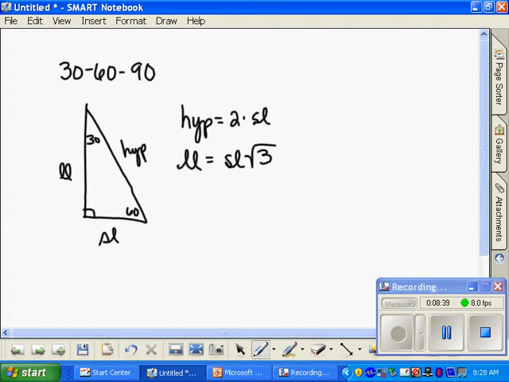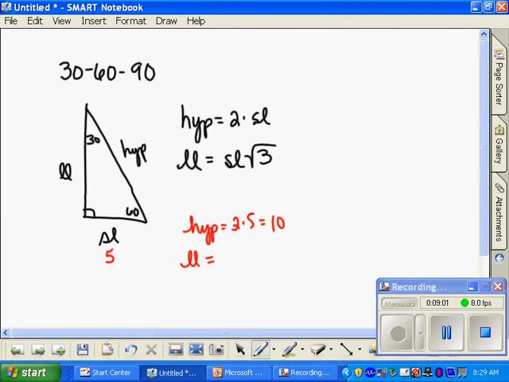With those two formulas, I'm just going to give you one quick example just to see how it works. It's easiest if the short leg is given. So let's say I tell you that the short leg is 5. What would the hypotenuse be? Hypotenuse would be 2 times 5, which is 10.